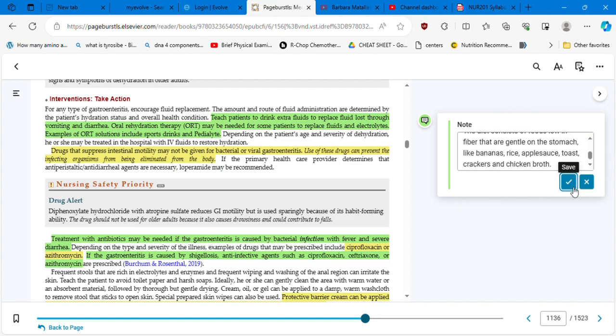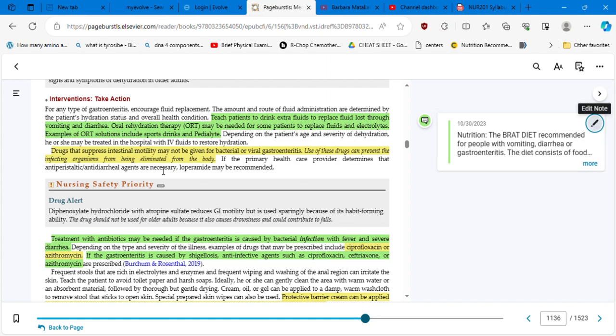Okay? Drugs that suppress intestinal motility may not be given for bacterial or viral gastroenteritis. Use of these drugs can prevent the infecting organism from being eliminated from the body.